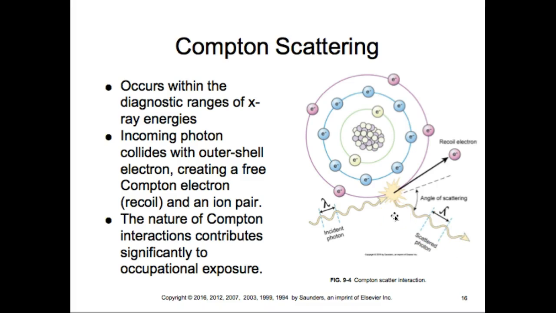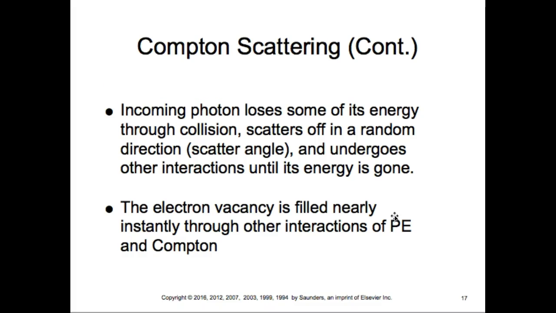The nature of Compton interaction contributes significantly to occupational dose. This is what we're being exposed to as occupational workers in the field. The incoming photon loses some of its energy through collision and scatters off at a random direction or angle. It hits, gets bounced off at another angle, and undergoes an interaction until the energy is gone.